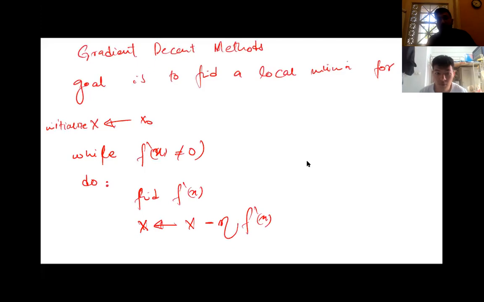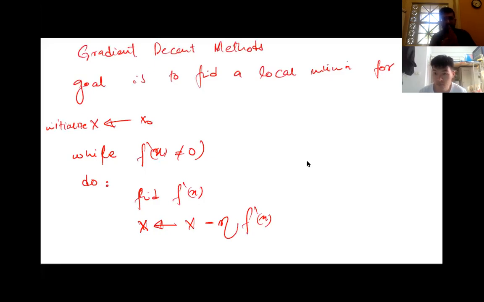The gradient represents the direction of maximum increase of the function. If I give you the gradient direction of a function, it represents the direction in which the function is increasing the most. But we want to go in the direction in which the function is decreasing the most, so that would be the negative gradient direction.